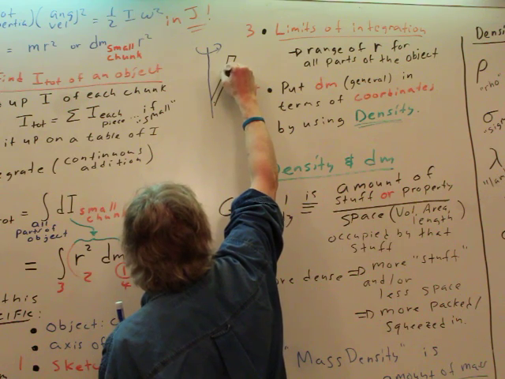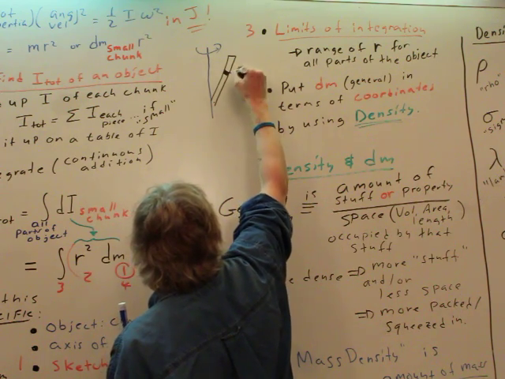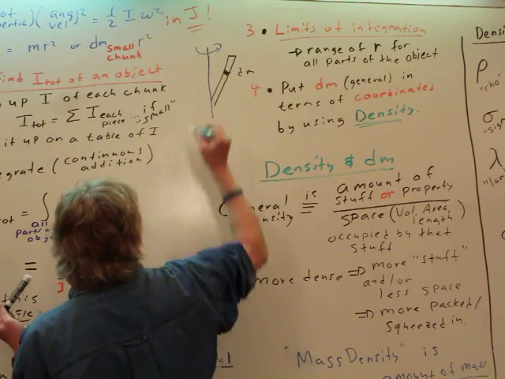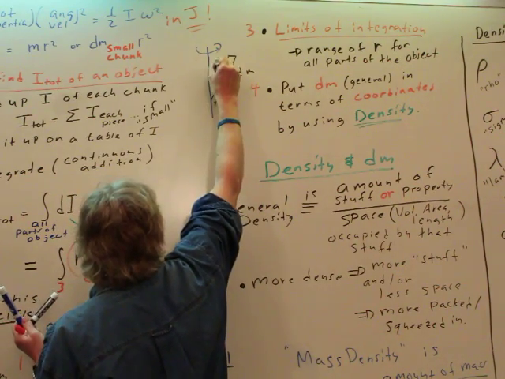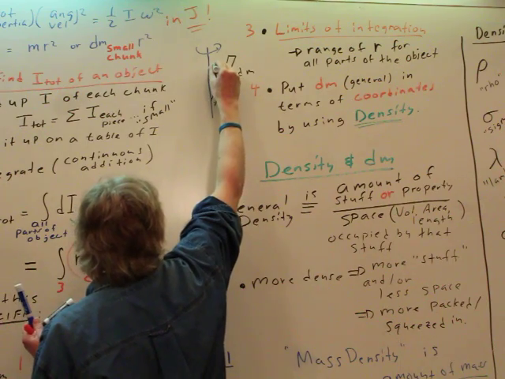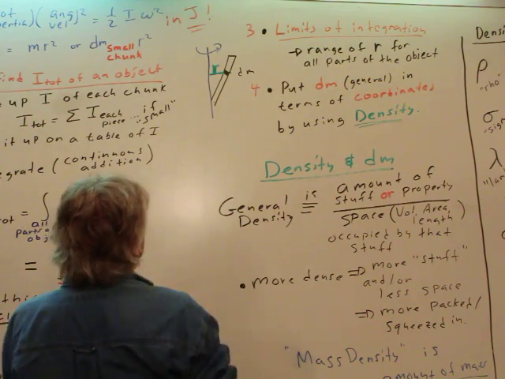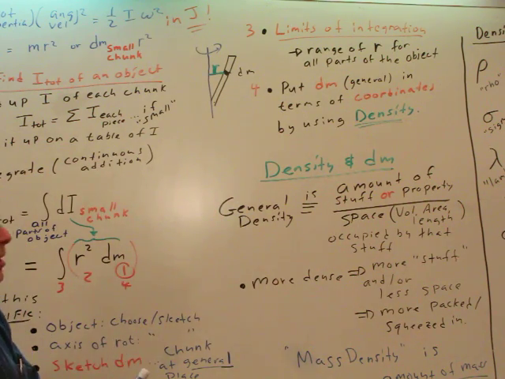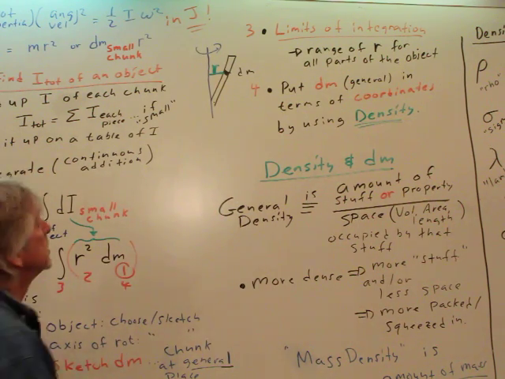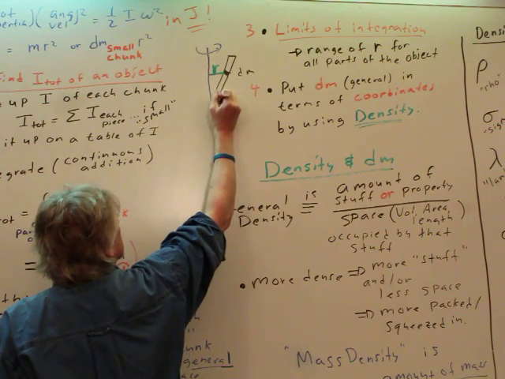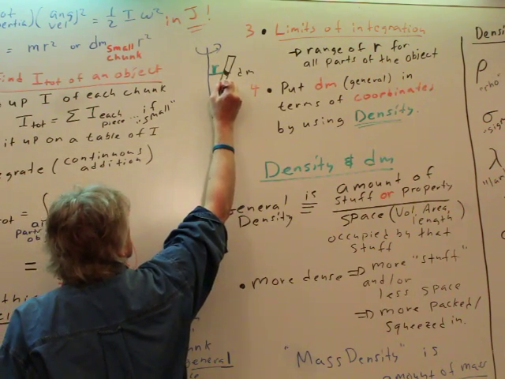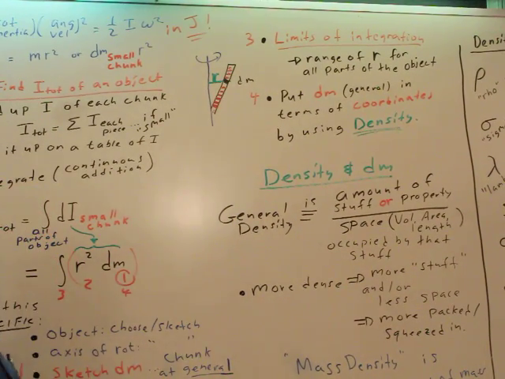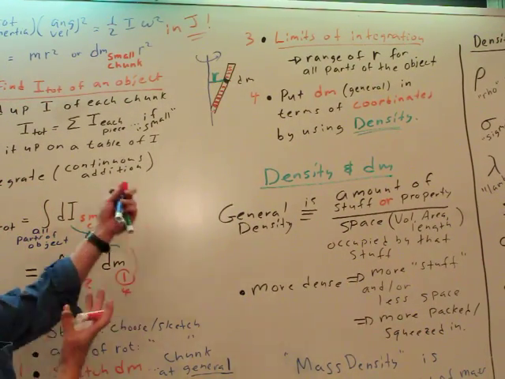We looked at a general piece that has mass dm. It's going to make a circle around here so that the R is there. Fine. But the limits of integration, that's the R for that dm. I need to sum up every single piece, right? And then I'll get the total rotational inertia of that object.